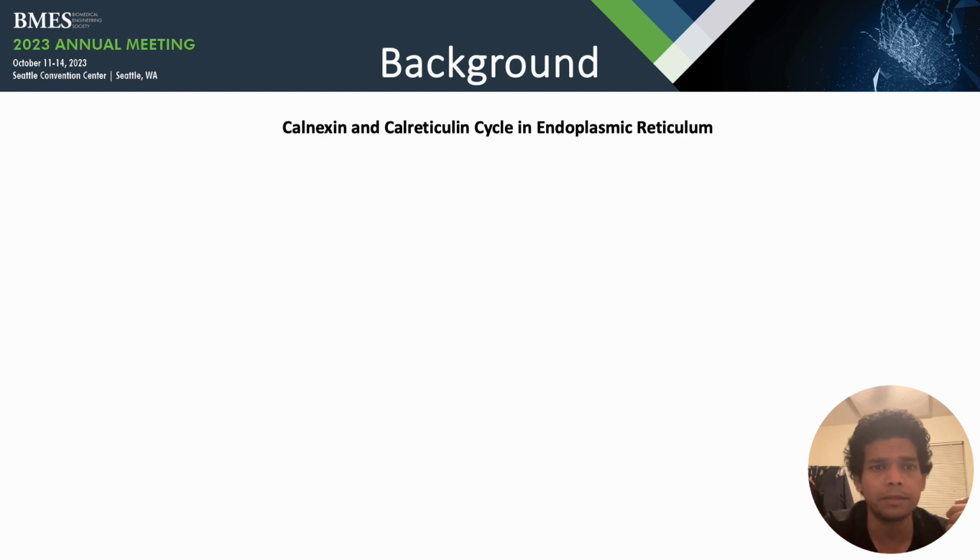Since our focus is on the calreticulin protein, we will study the background where calreticulin plays an important role, that is the calnexin and calreticulin cycle in the endoplasmic reticulum.